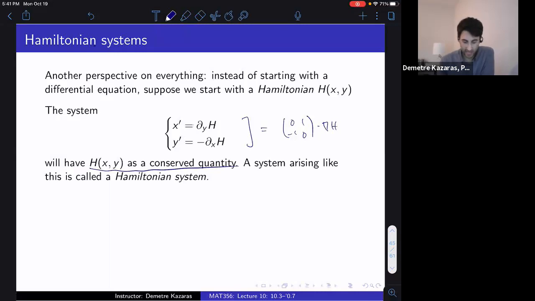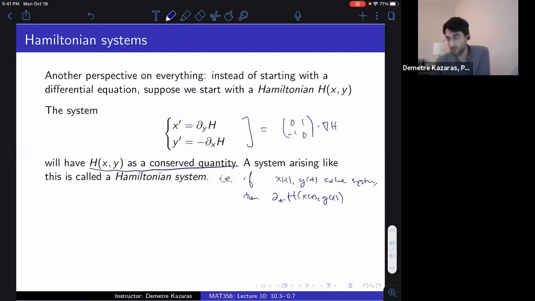That means that if x and y solve the system, then the time derivative of H along the system, H is a function of two variables, but here each of those two parameters is depending on a single parameter t. So it's a function of one variable at this point. And you can take the time derivative and it is 0.